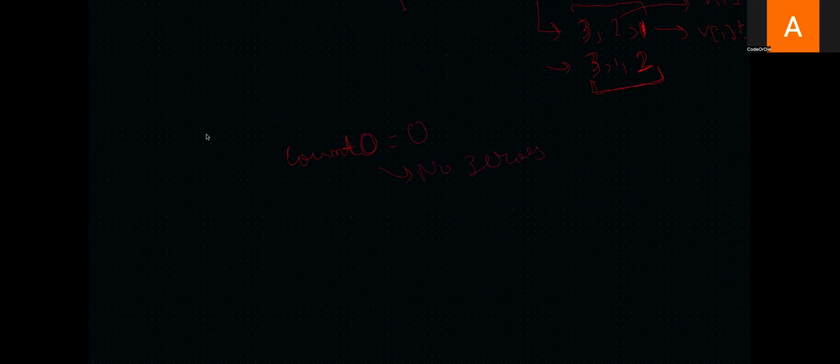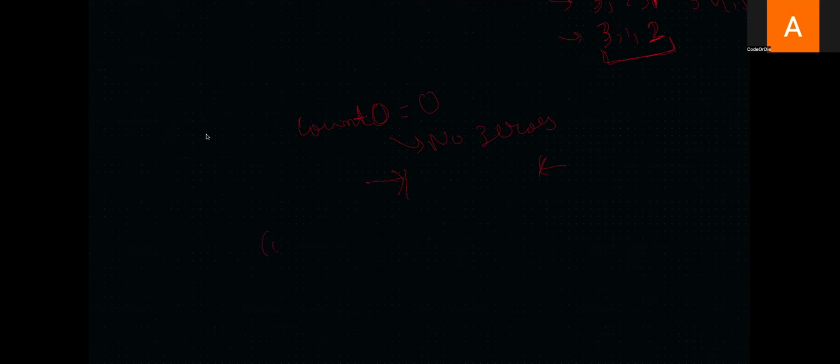Then your answer will be simply what I was explaining: go from left to right, find the first index which is not equal to Vi, then go from right to left, find the first index which is not equal to its Vi, and then you just get the length. Another thing, if count of 0 is equal to 1, you know what it means. It's similar to this thing if you observe carefully, because you don't have any option.